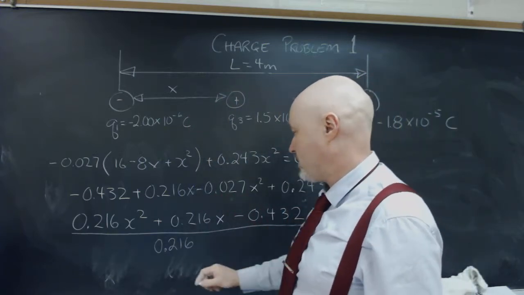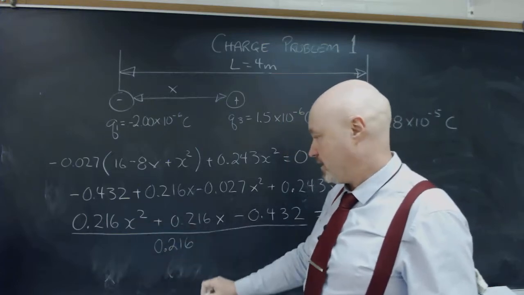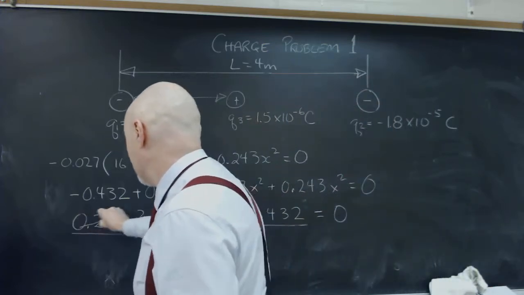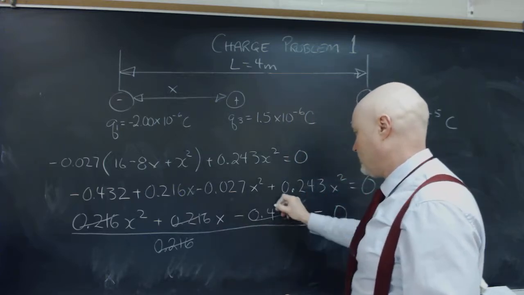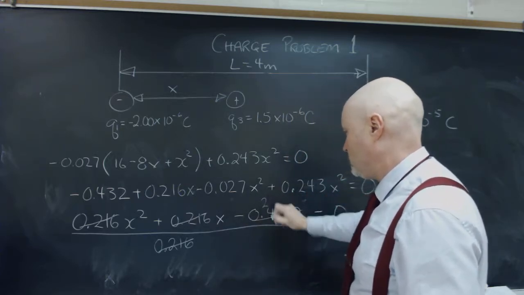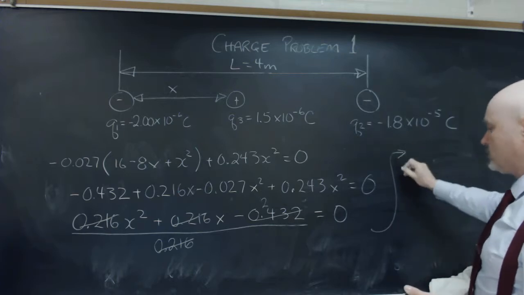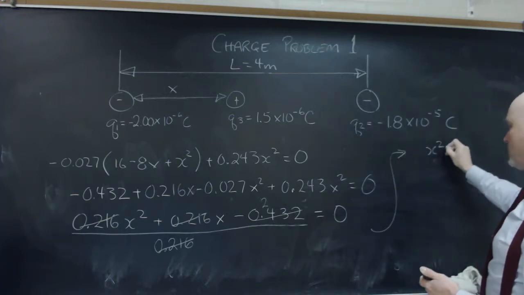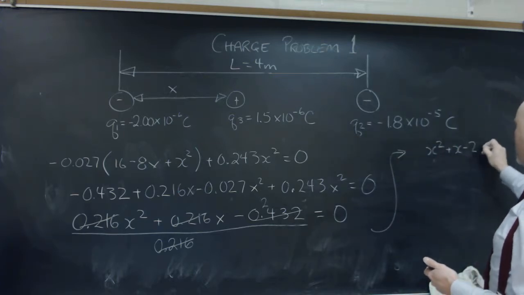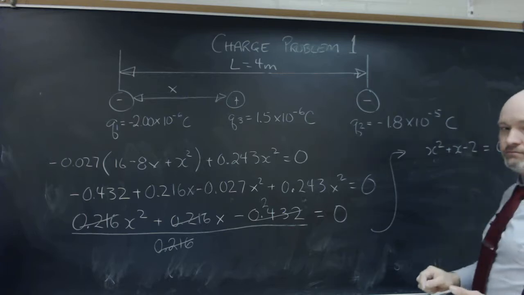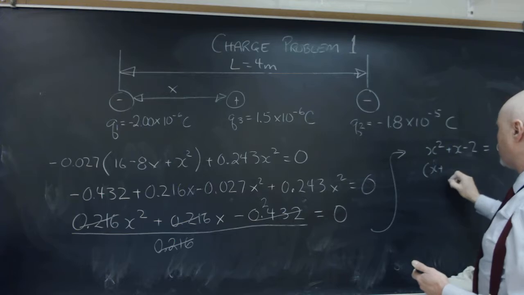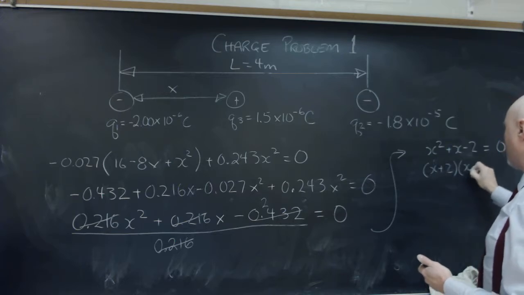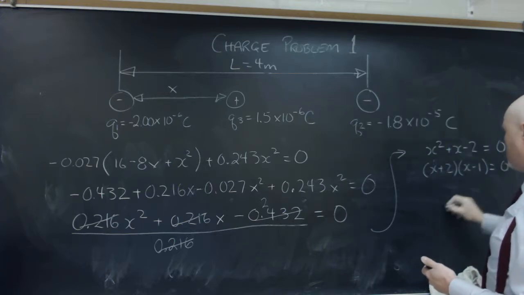Ordinarily, you would be doing the quadratic formula. I'm going to simplify it a little bit. Okay, these 0.216's all cancel, and this becomes a negative 2. And so basically, I'm just solving the problem x squared plus x minus 2 equals 0, which factors to x plus 2, x minus 1 equals 0.